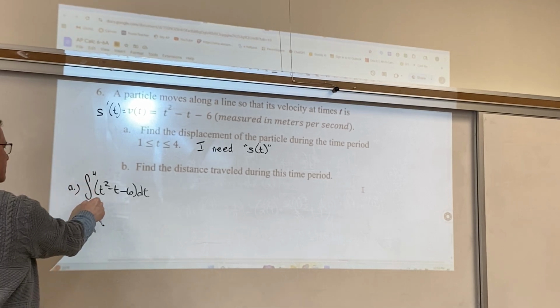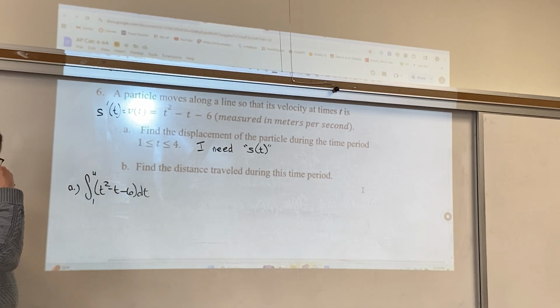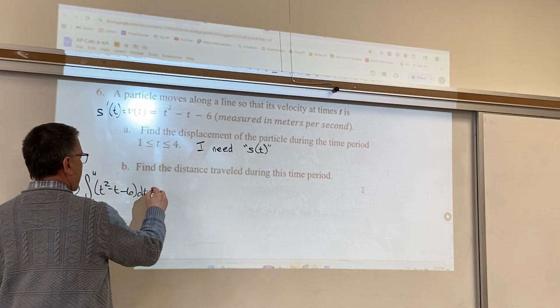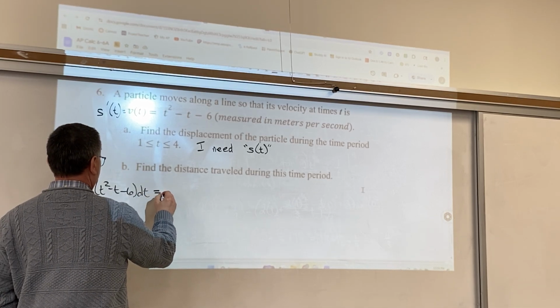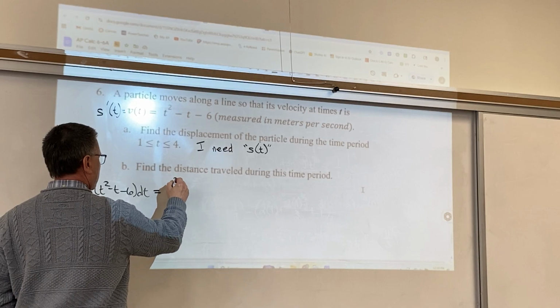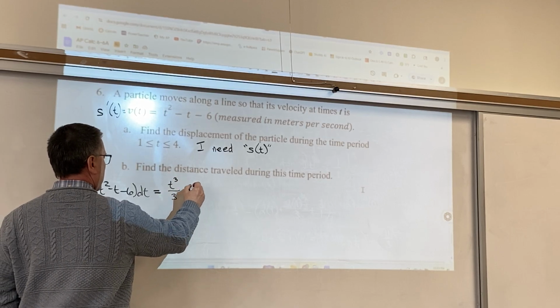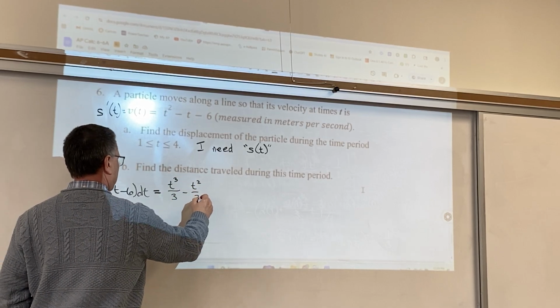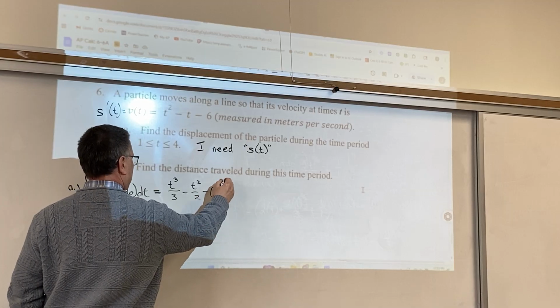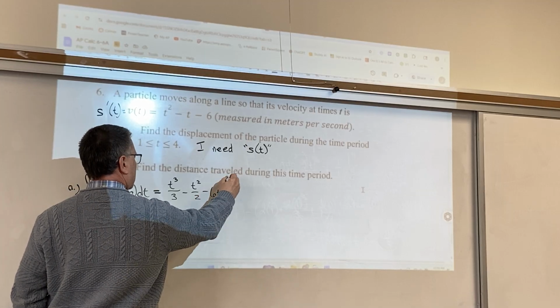Now, yes, I can split all these apart and do them like we did. But since I already know that now, can I just do this? That's going to be t cubed over 3 minus t squared over 2 minus 6t. I'm going to do all that from 1 to 4.